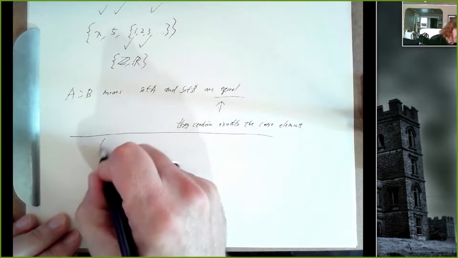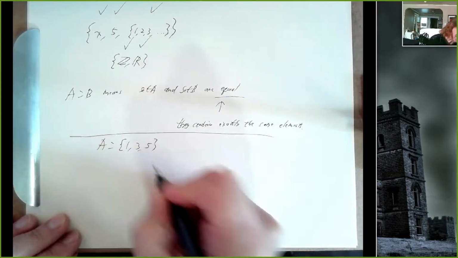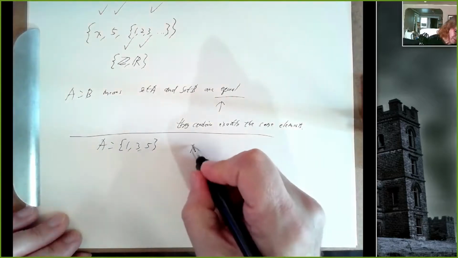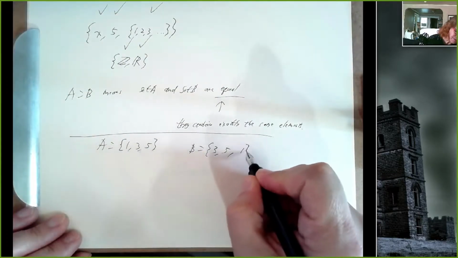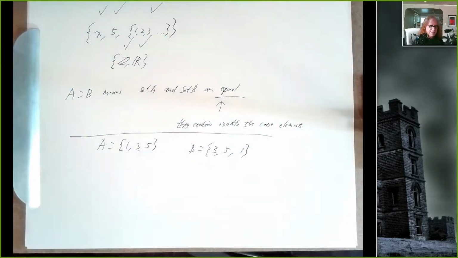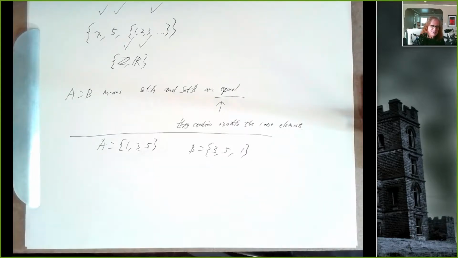For example, A could be the set 1, 3, 5. B could be the set 3, 5, 1. A is equal to B. Why? Because they contain exactly the same elements. Remember, the set is unordered. This contains the elements 1, 3, and 5. This contains the elements 1, 3, and 5.